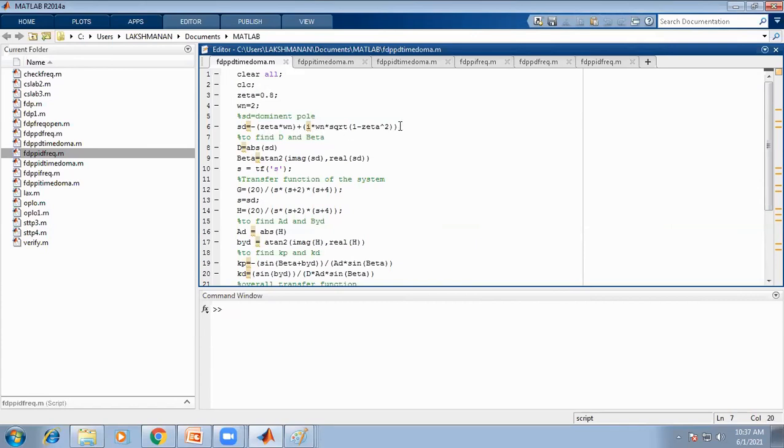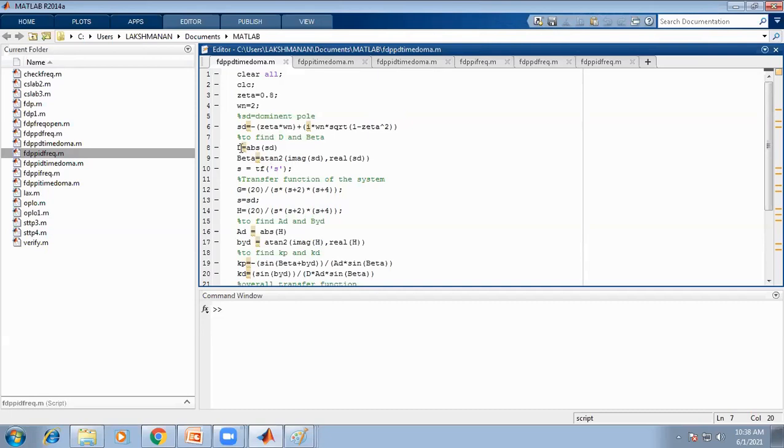Using theta and omega n, I'll get the SD dominant pole. From that dominant pole, I'll find D and beta: the magnitude of SD, and beta equal to the phase angle of SD, whenever S is replaced by SD.